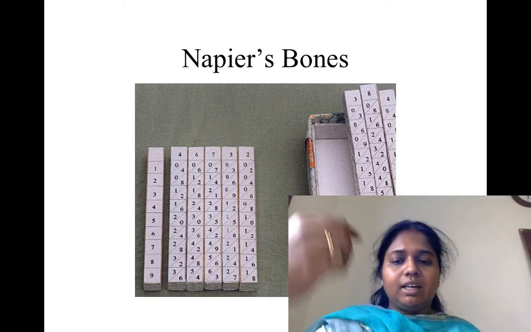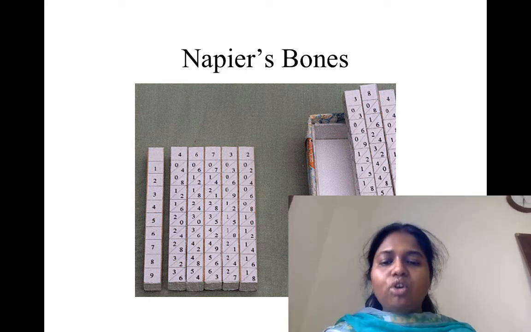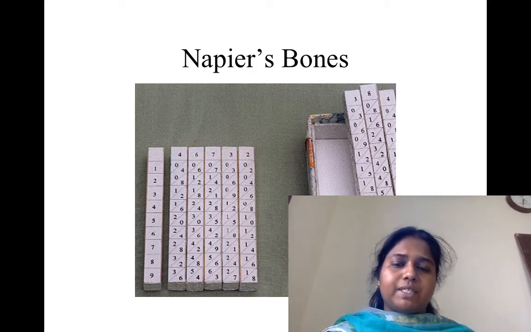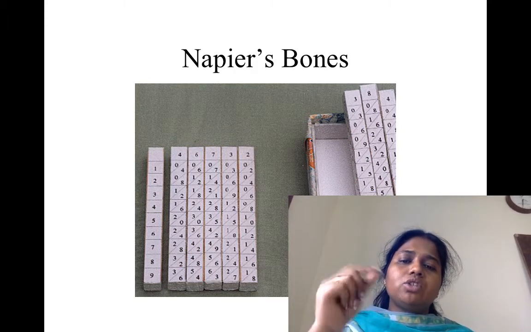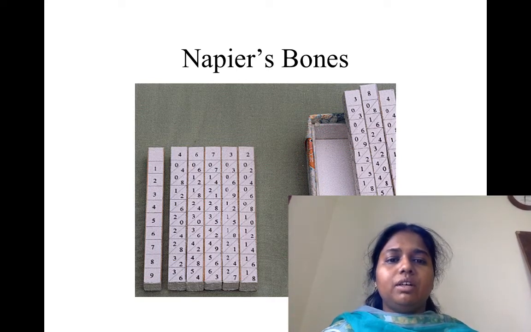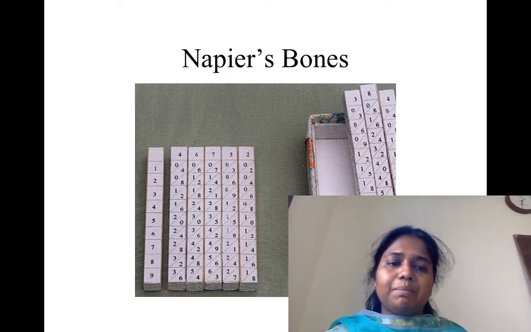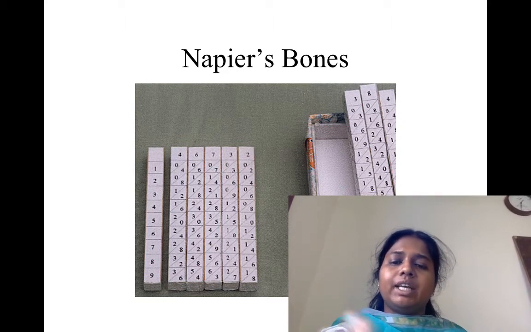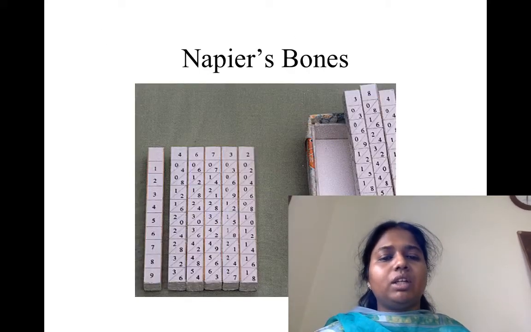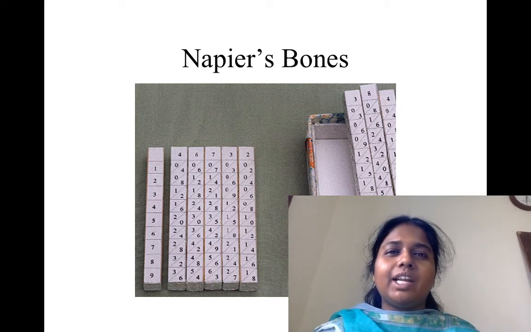Each bone has 9 rows, and each is divided into two halves using a diagonal, so you can see two numbers in every cell on the surface. Using certain algorithms and steps, they placed the required rods close by and saw the product of two numbers. That's how Napier's bones were used, so they used the bone structure to calculate faster.